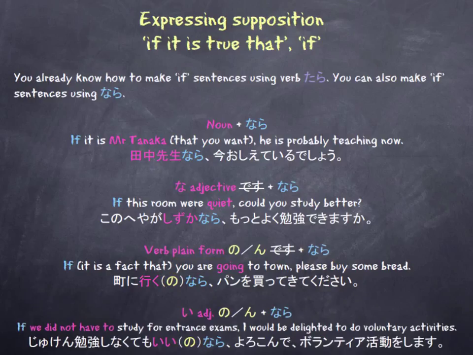If we have an i adjective, we can also insert the no or the n after the i adjective and follow that with nara. Otherwise, we can just simply leave it out.